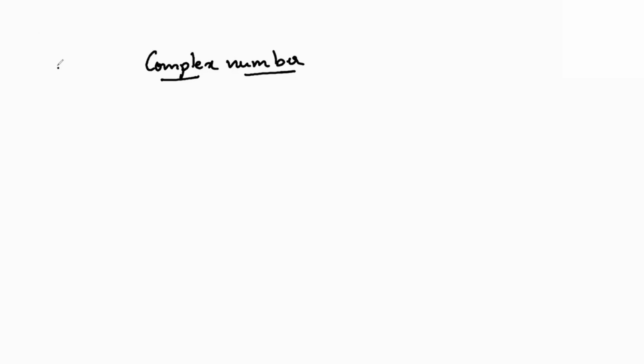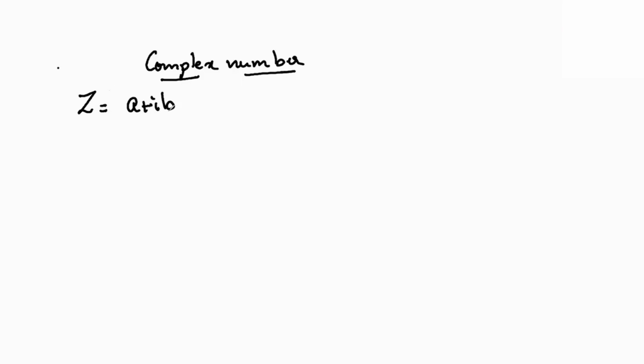Okay, done. So basically, what is the difference between the other numbers and the complex numbers? Complex numbers are imaginary, like they have the imaginary element in it. So usually the complex numbers are represented by Z, where you have a real part and an imaginary part.